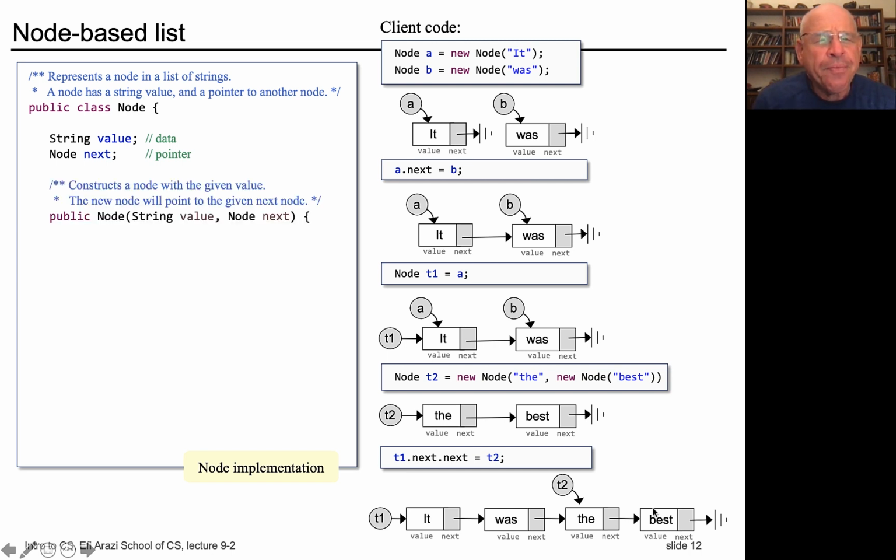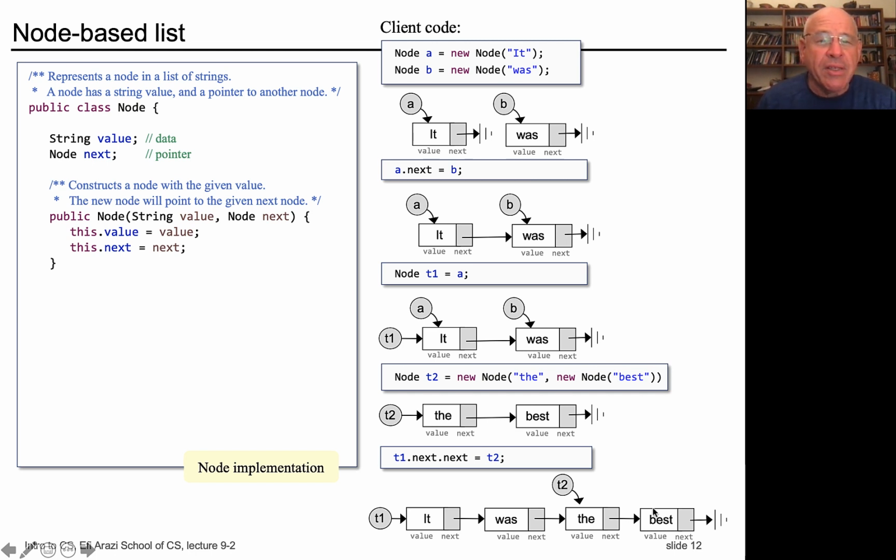Now, the first constructor, as you saw, takes a value and the next argument, a parameter, and next is simply an address, okay? So, all we have to do is take these two values and put them inside the fields of the objects, and that's exactly what they do. This value equals value, this next equals next.